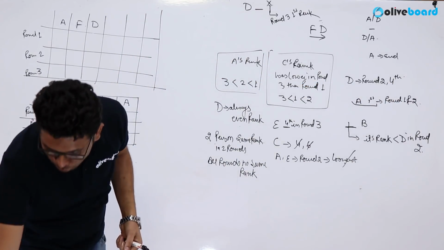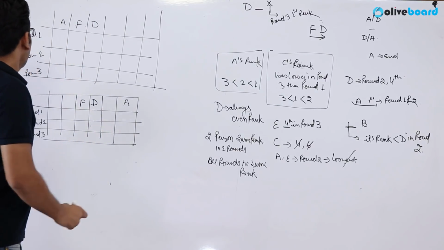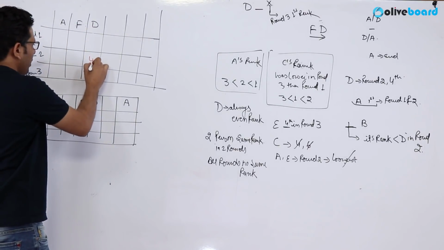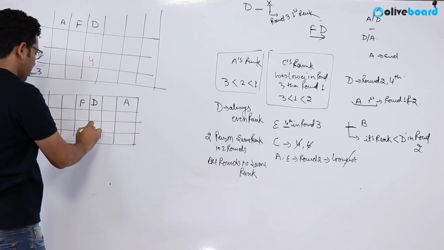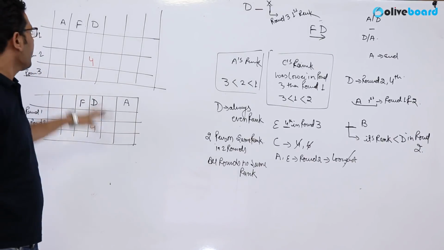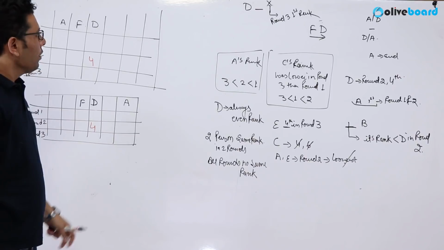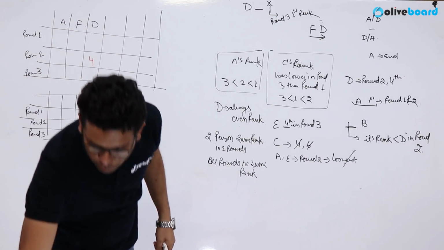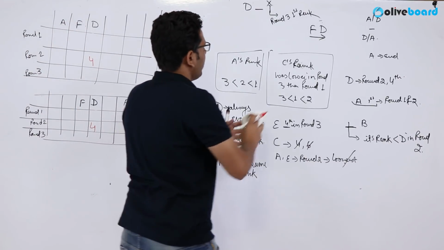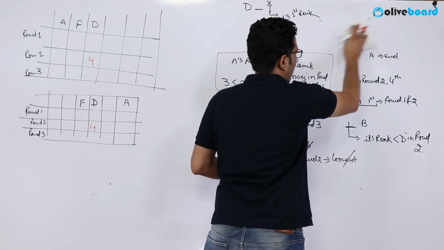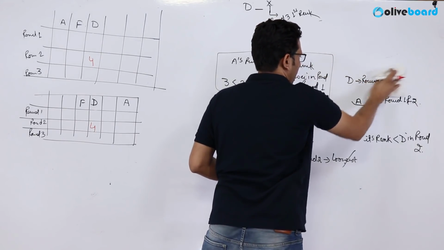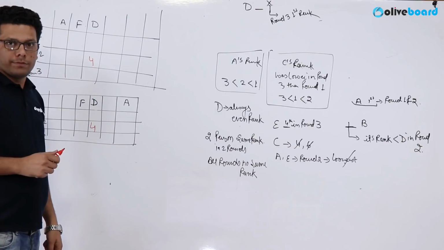D rank 4 in round 2. Done. Now whichever data I have put, I am going to remove that data. F and D I have put, and I have done this one also.